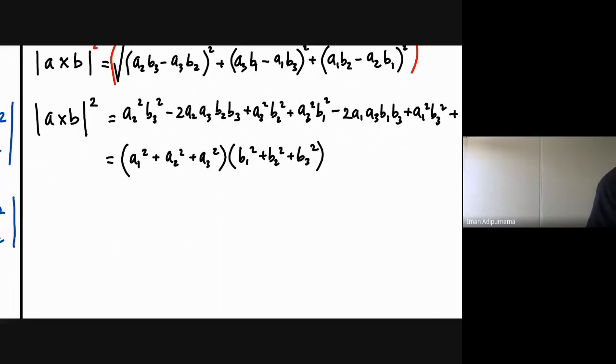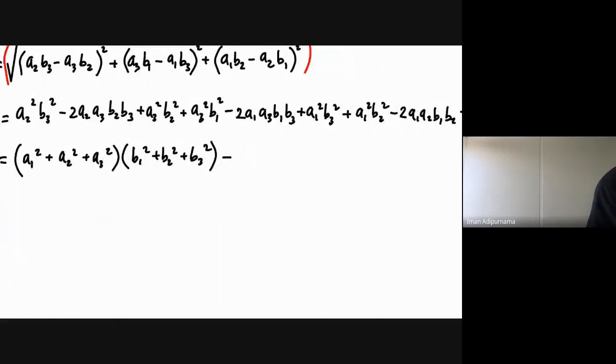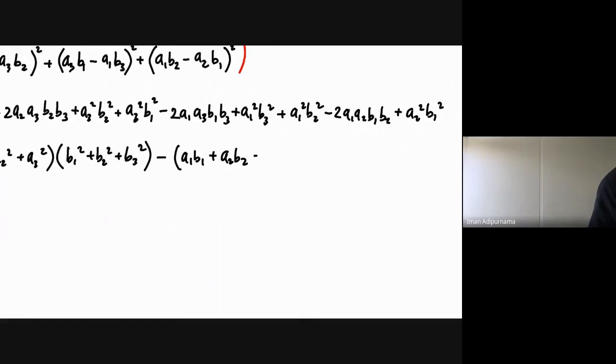You can check the multiplications, and then you need to minus the terms with this. It's quite tricky and quite long, but trust me, this is the way you factorize the A, B, and then the A1, B1, A2, B2, A3, B3.